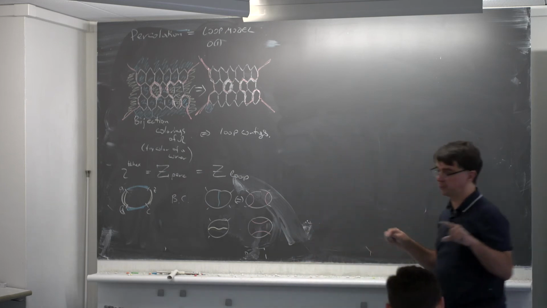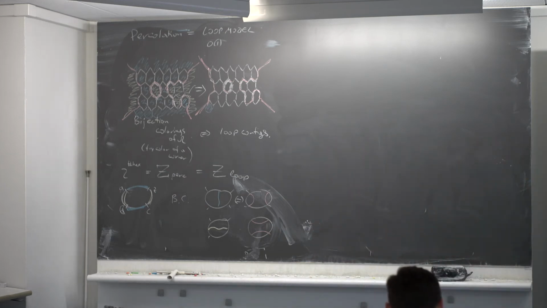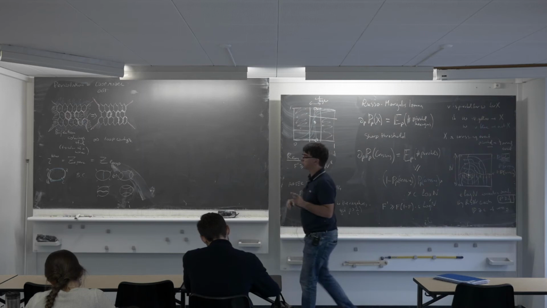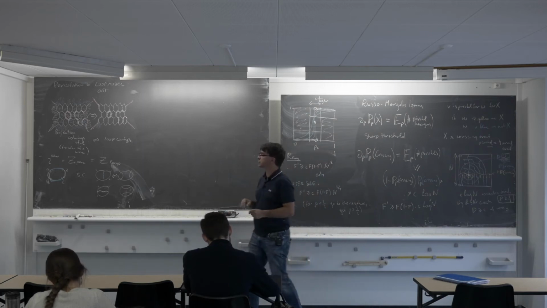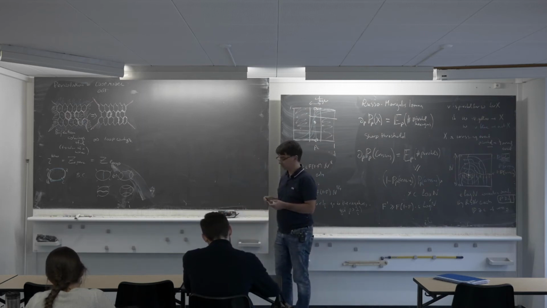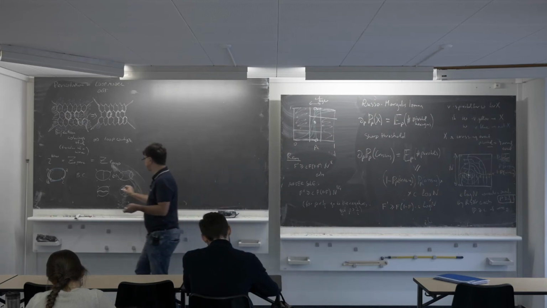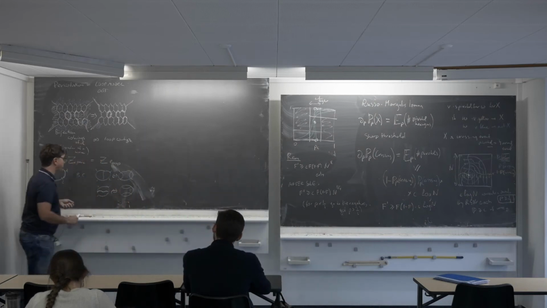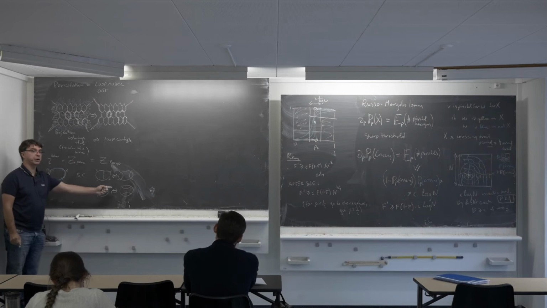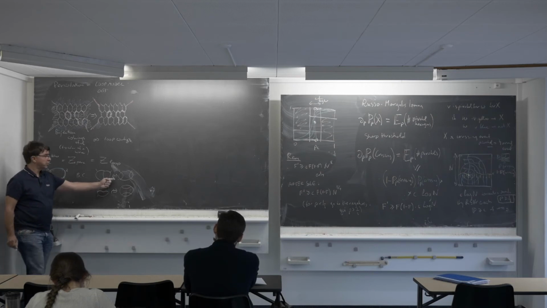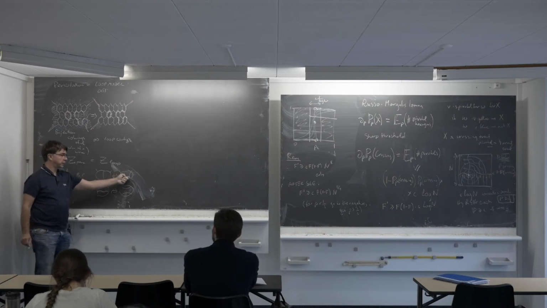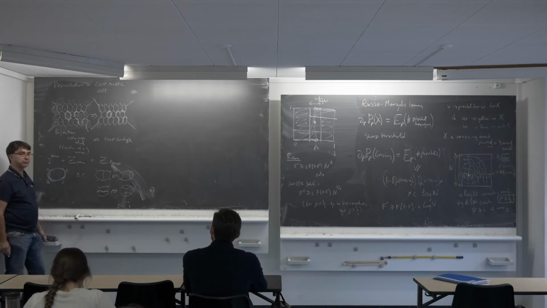So if you have 4 points on the boundary, there are 2 topological ways to connect them, because they cannot crisscross. So it means that the crossing probability has a perfect meaning in the new model. It's just the probability of these things connected in that way.